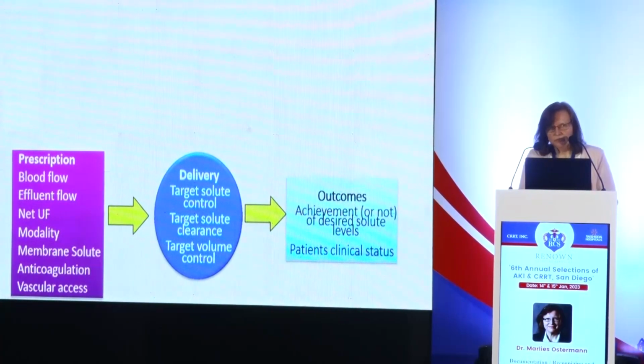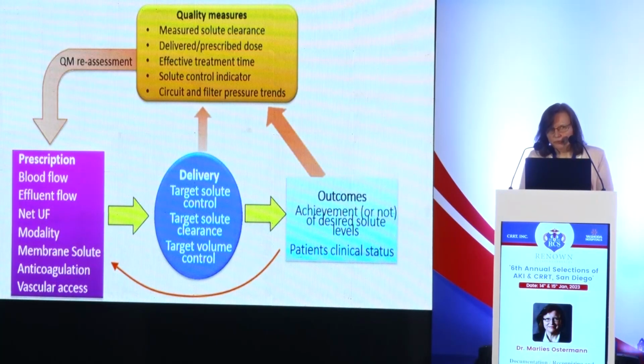Now, we could easily do this routinely every month and see whether our CRRT prescriptions routinely met the targets and achieved the outcomes, and then feed back into our protocols and our prescriptions.